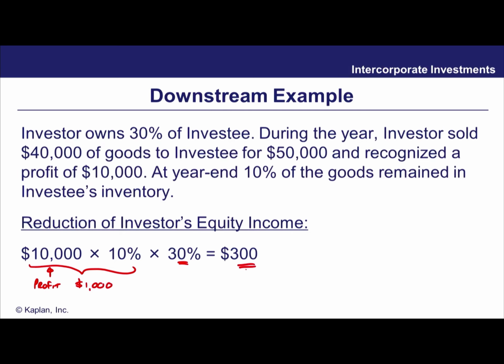And remember, we're going to adjust the associate's earnings rather than the parent company's earnings. So we're going to reduce the investor's equity income coming from the associate by $300.